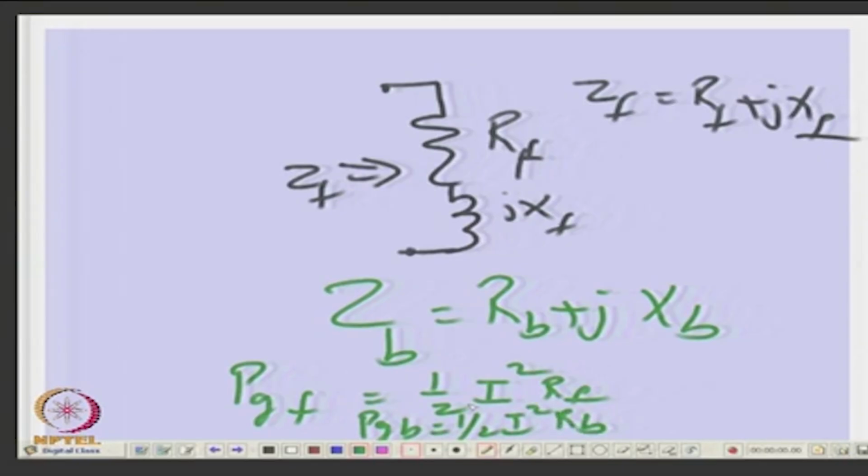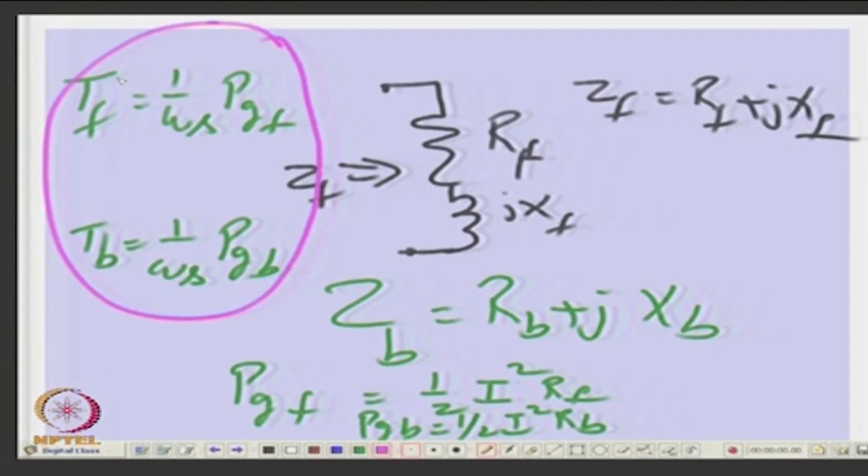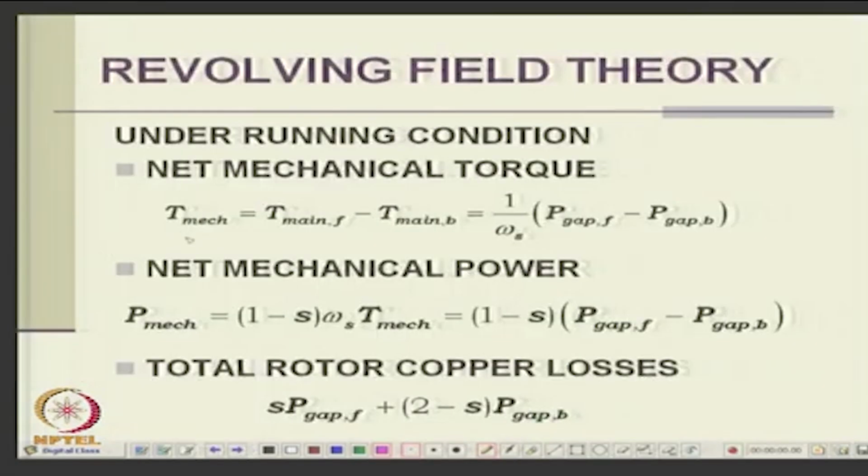And TF was 1 over omega S PGF, and TB was 1 over omega S PGB. So, you have this torque, and net torque will be TF minus TB. So, the net torque under running condition, T mechanical, will be TF minus TB, that is 1 over omega S into PGF minus PGB, agreed.